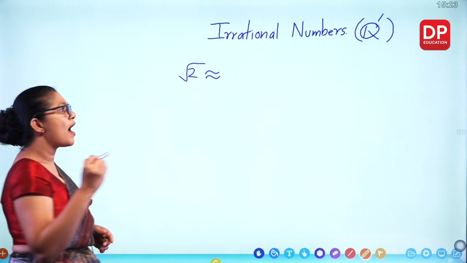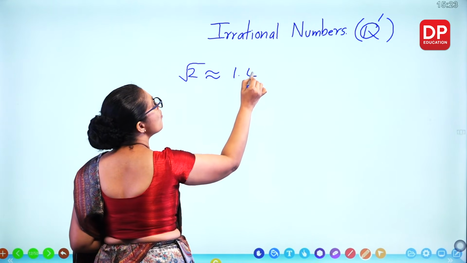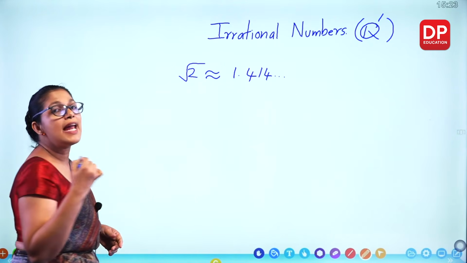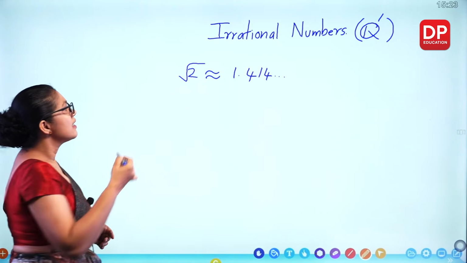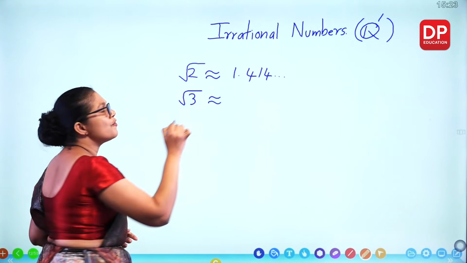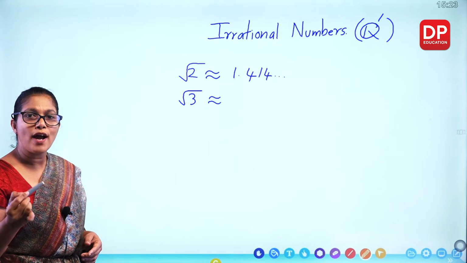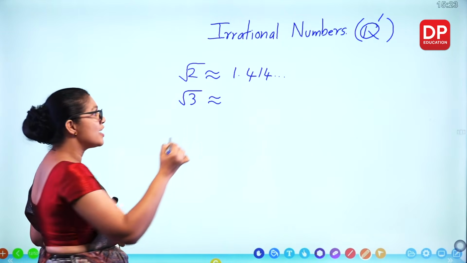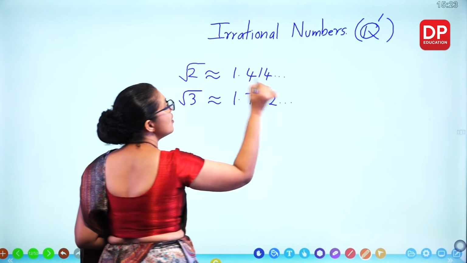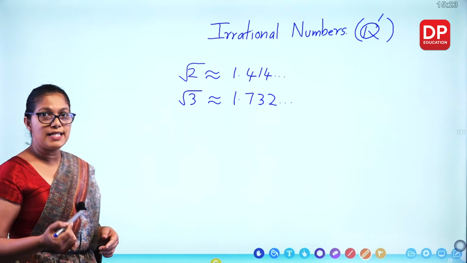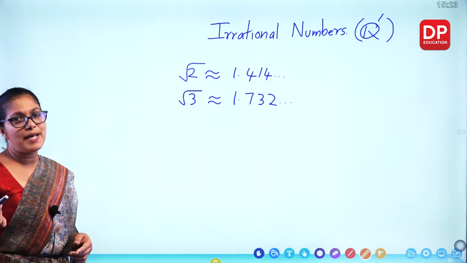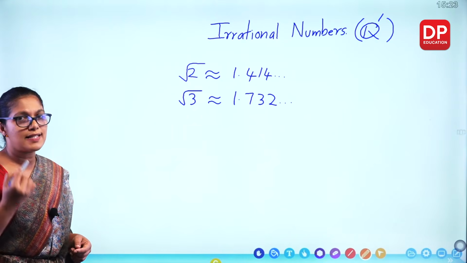You get 1.414, and it's not ending. When you take root 3, what's the value we got? 1.732. That's also not ending. It's repeating, but not the same number repeating like a recurring decimal.